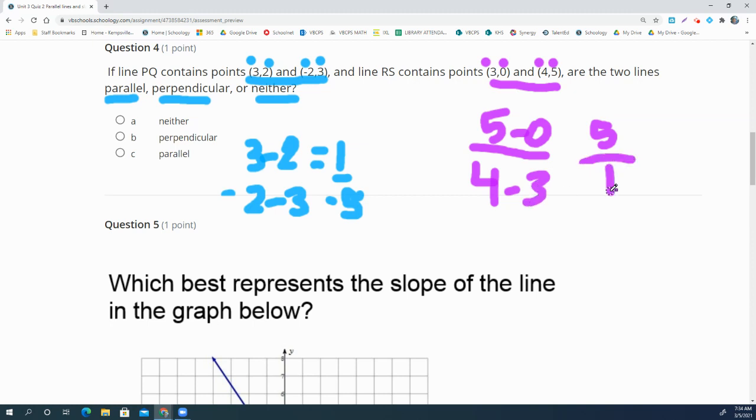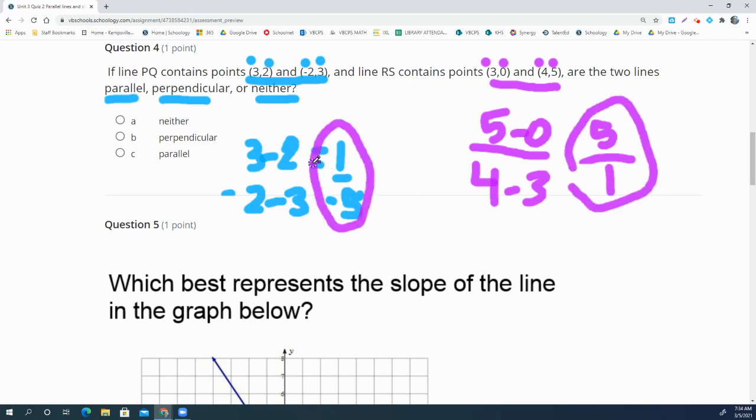So are these parallel, perpendicular, or neither slopes? They are in fact perpendicular. What makes them perpendicular? Absolutely. So one's positive, one's negative, and the two numbers are switched. So these are perpendicular.